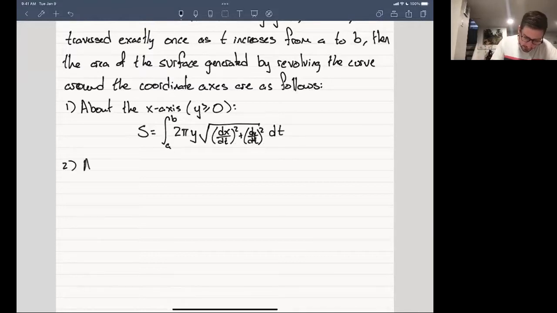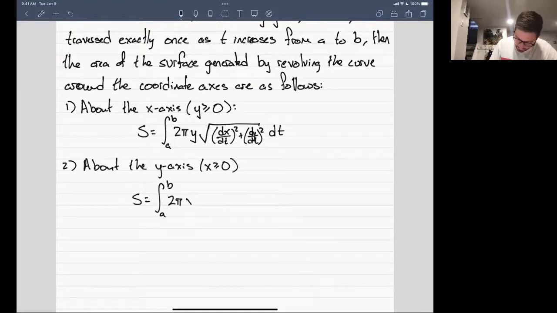And then similarly, if we go about the y-axis with x greater than or equal to 0, you basically get exactly the same thing. You're just going to switch the role of x and y. So you get 2 pi x, and then this huge square root.